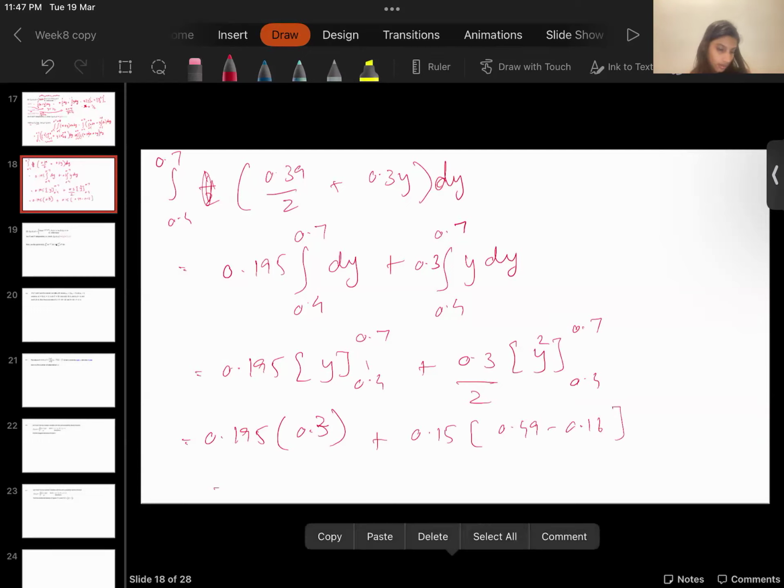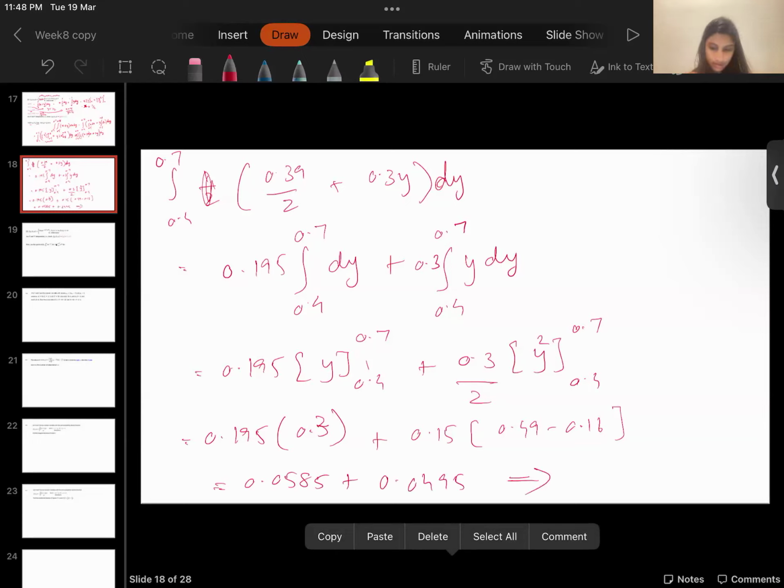So you substitute all this, you should get it. 0.195 into 0.3 is 0.0585, plus 0.49 minus 0.16 is 0.33, into 0.15 is 0.0495.